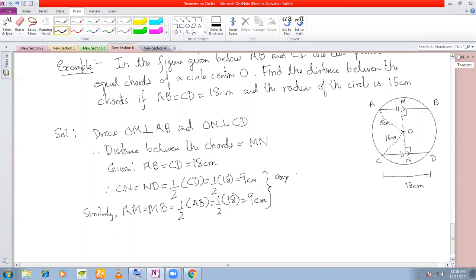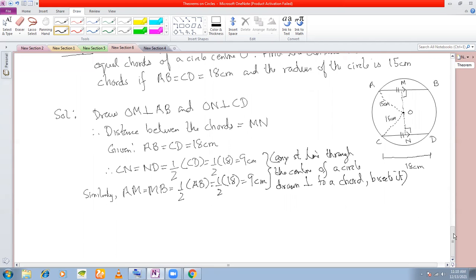Any straight line through the center of a circle, drawn perpendicular to a chord, bisects it, right? This was theorem number 2, right?